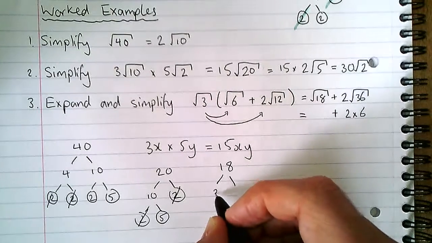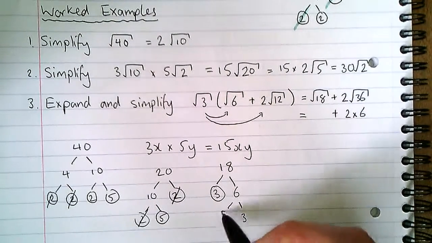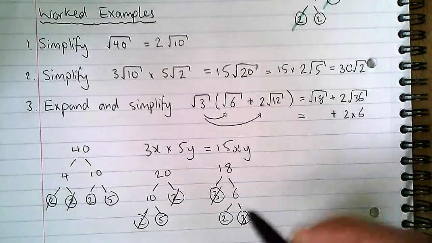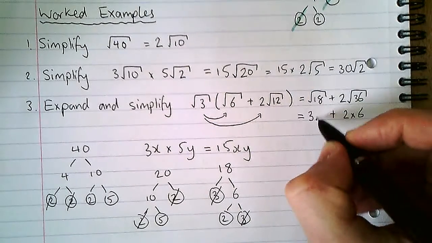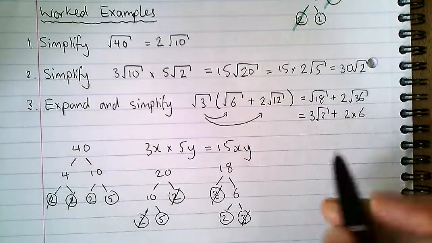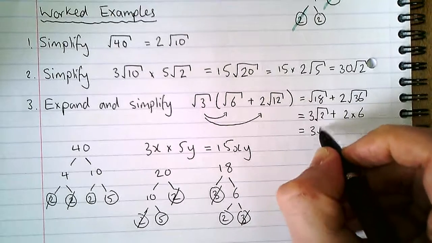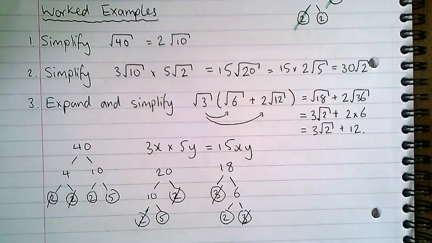It's going to be 3 times by 6, and then 2 times by 3. Again, I've got a pair here, a pair of 3's, so that means that 3 can come outside the surd, and the 2 remains inside the surd. So square root of 2. So this becomes 3 square root 2 plus 2 lots of 6, which is 3 square root 2 plus 12. So 3 square root 2 plus 12.